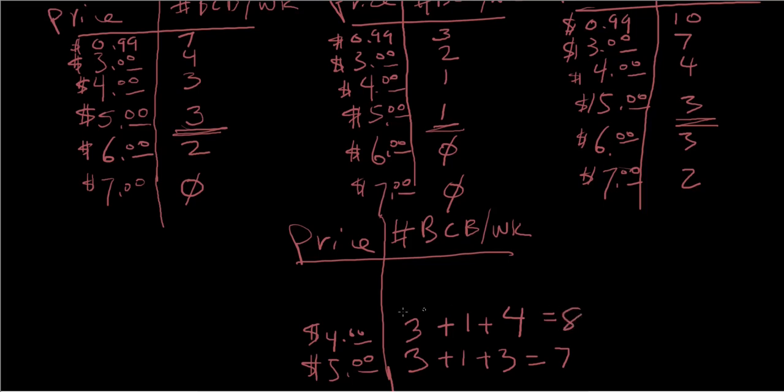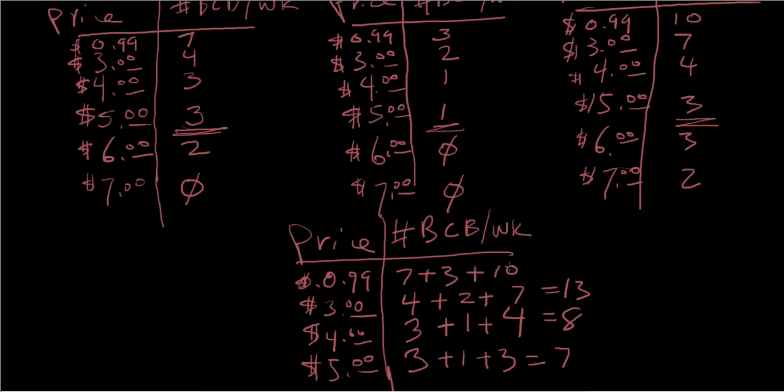If it's $3, it's 4, 2, and 7, so this is 6 and 13. And now the 99 cents special: 7, 3, and 10. So that's 20.